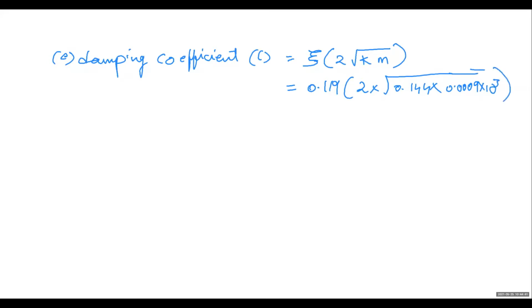So what is this value? 0.086. Okay, it is a ratio, so it's a coefficient, you don't have limits for this.